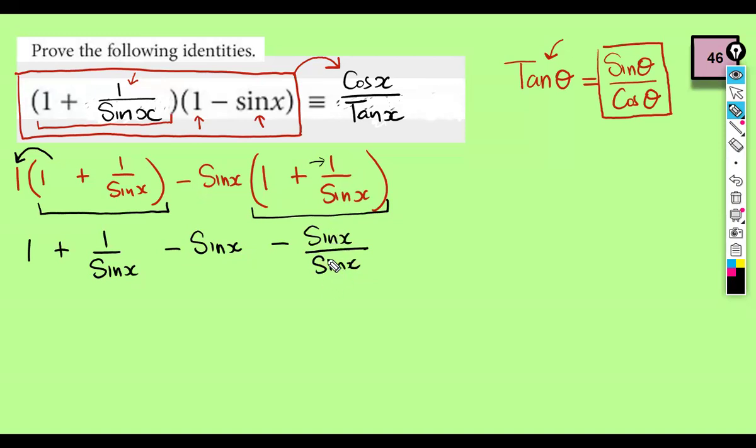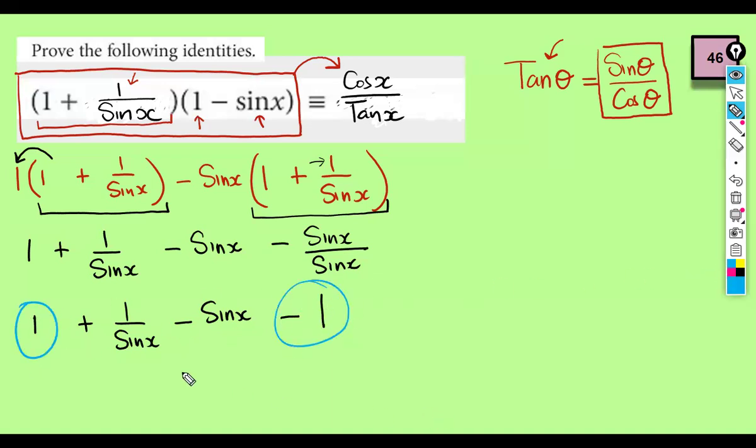But when you divide two same things, you get how much? 1, right? So we end up with 1 plus 1 on sine x minus sine x minus 1. Won't this 1 and this 1 cancel out each other? Because 1 minus 1 is how much? 0. So let's move up here and continue, right?